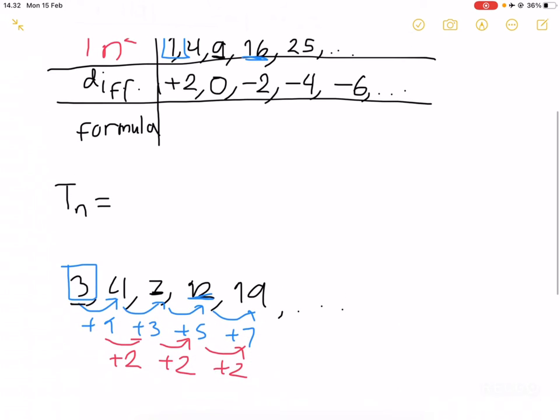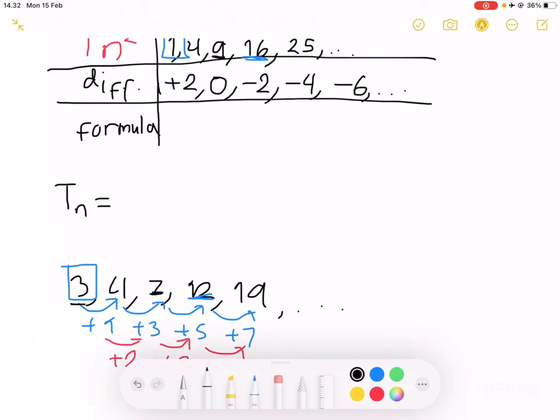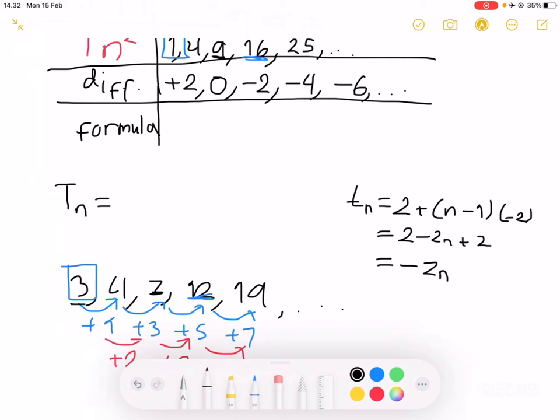With this, you can find the formula for the difference, which I'll call little tn, equal to the first term, which is 2, plus n minus 1 times the difference, which is negative 2. Simplifying this, you'll get negative 2n plus 4.